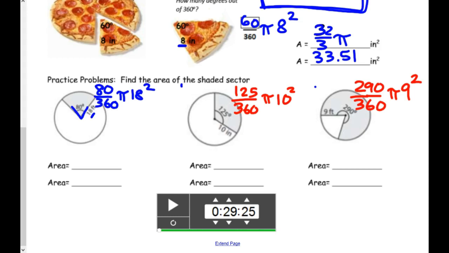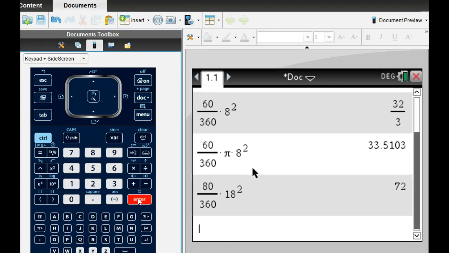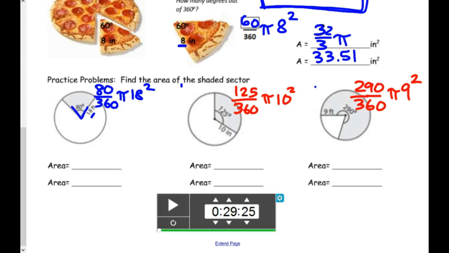Now all we got to do is type in our calculator and get our answers, right? So let's do that. 80 over 360, 18 squared. 72, okay? And next to 72, I need to put a pi. And what are my units? Feet. Are they squared? Cube? Nothing? So remember, this is area of a sector, so it is going to be squared, okay?